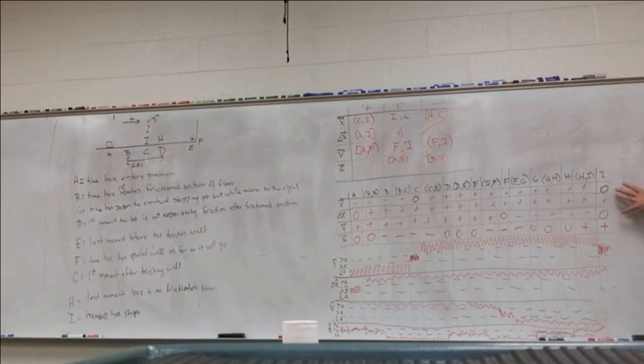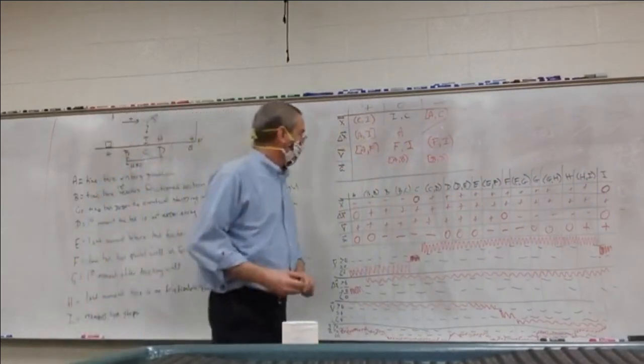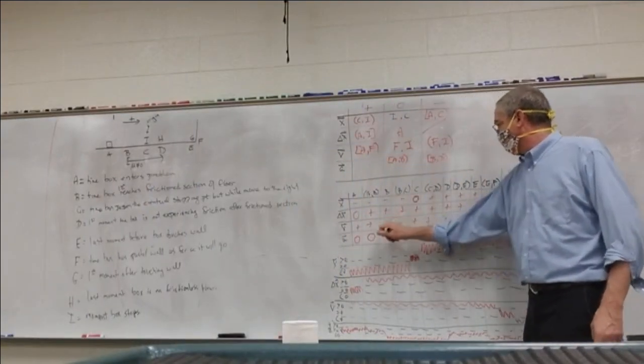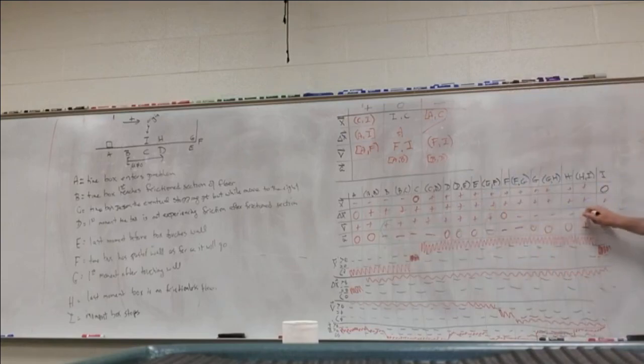Now, in this presentation right here, we can immediately look and see the regions where it is slowing down, because all I have to do is look at velocity and acceleration. It is slowing down there. It is slowing down there. It is slowing down there. Those are the regions where it's slowing down, because velocity and acceleration are opposite signs.